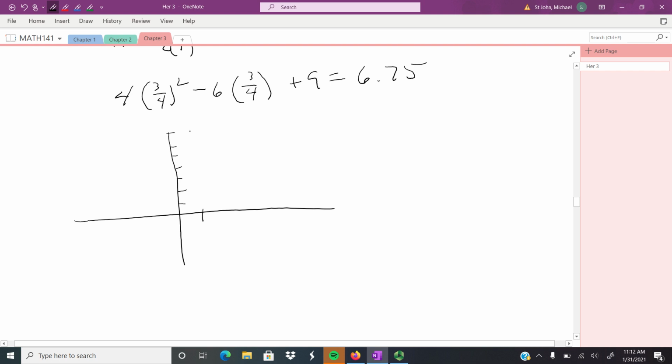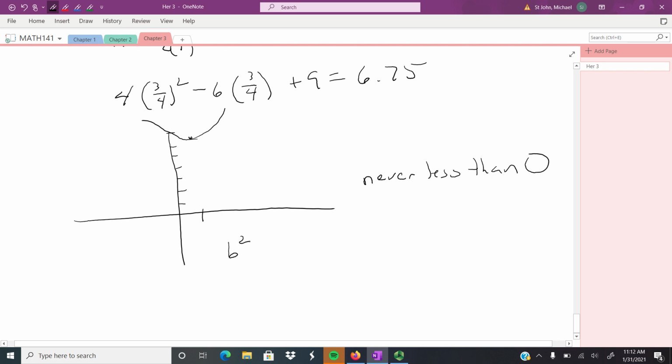So my vertex is here, and my parabola opens up. Right? So this thing is never less than 0.